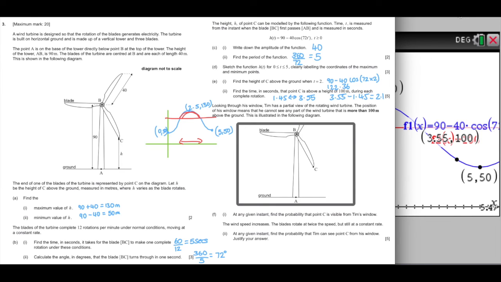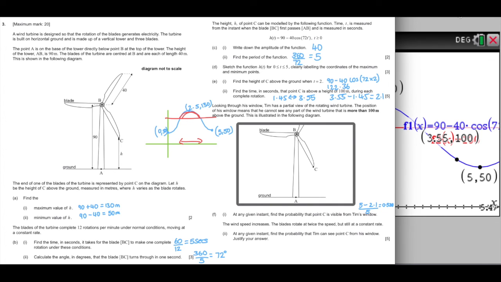And therefore the probability that it is visible is 5 minus 2.1 of the time, out of the 5 seconds it takes to turn round. Okay, so it's 5 seconds to turn round, and the probability that it's below is 5 minus 2.1. It's the opposite of what we've just calculated. Okay, and that gives us the answer of 0.580.